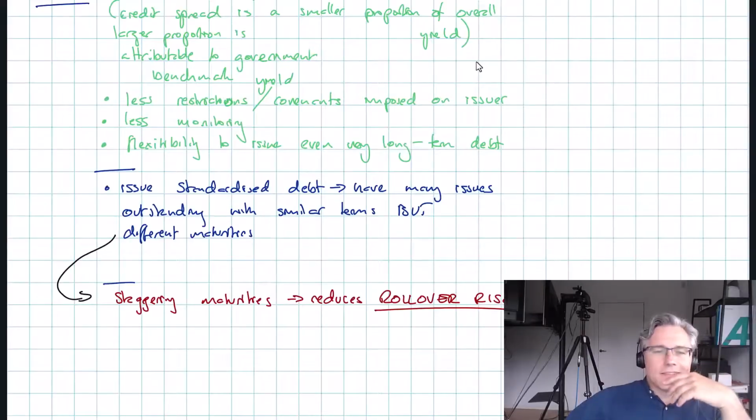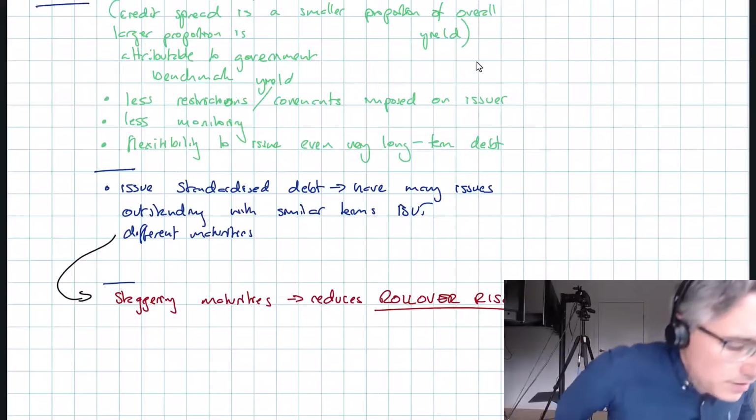Just in case that day is problematic, maybe the conditions in the market are harsh, it's better to stagger stuff out over a range of dates rather than do it all on a single date.